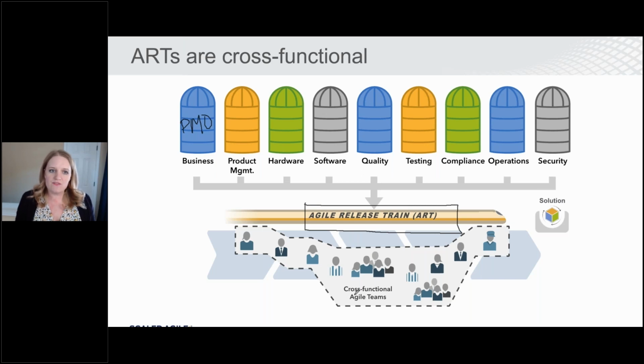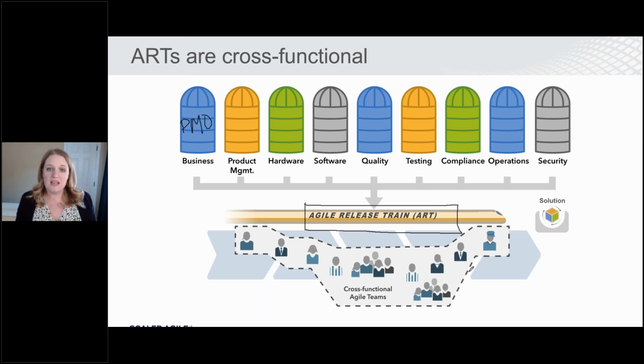So we have our cross-functional agile teams and some key leadership roles of 50 to 125 people that are working together to deliver value. And this is how we achieve true team agility, is we organize these folks for delivery of value on a common goal.